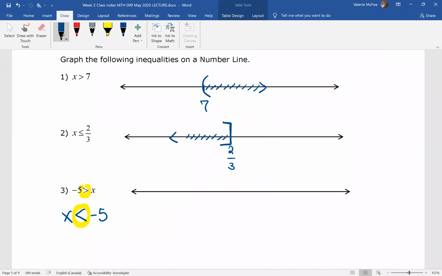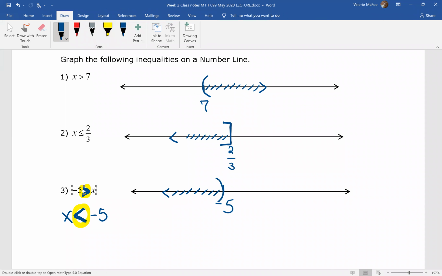Because the small side of the sign is pointing at X, I have to keep the small side of the sign pointing at X. This tells me that X is less than -5. And I should use a round or open parentheses. Notice that when X is on the left, I can shade in the direction the arrow is pointing. That's a useful trick.